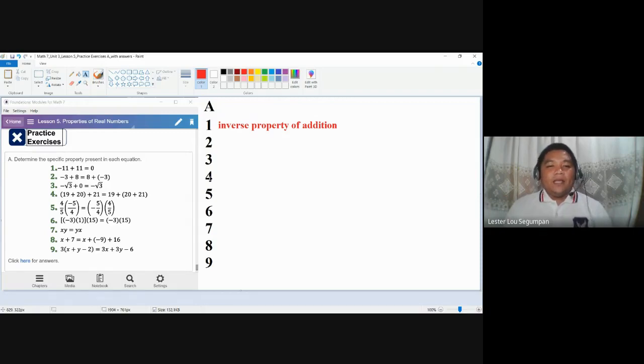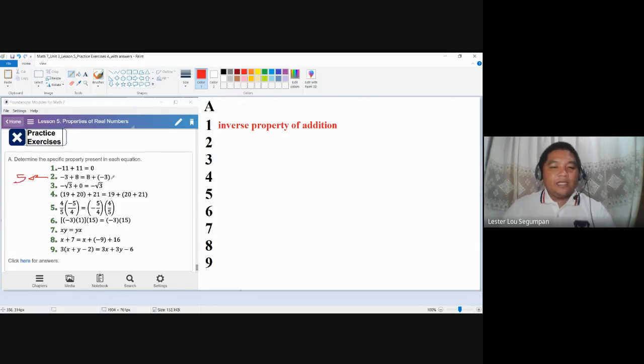Number 2, we have negative 3 plus 8 is equal to 8 plus negative 3. We are now concerned with just a simple rearrangement of the addends. If we add negative 3 plus 8, this will result in a positive 5.